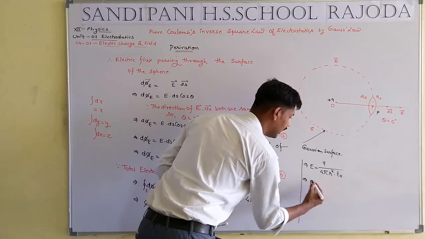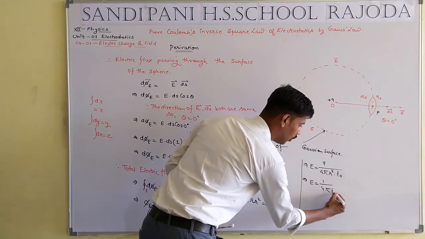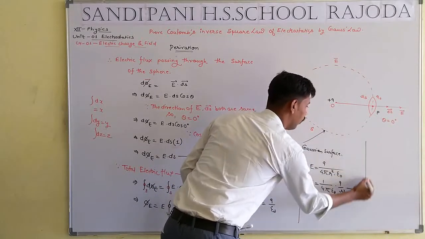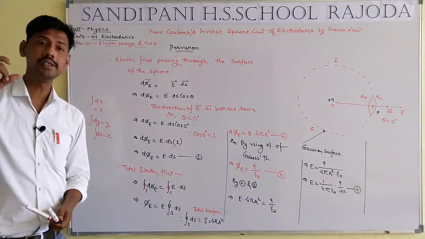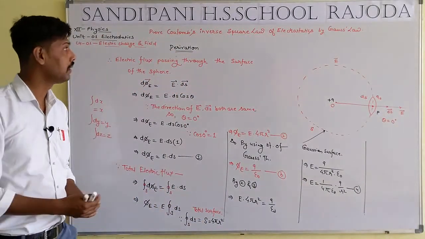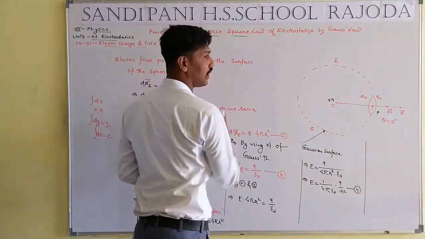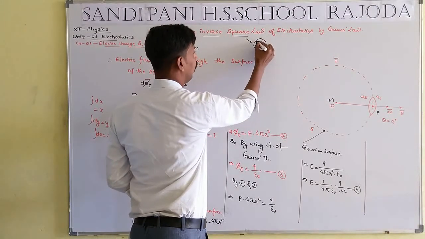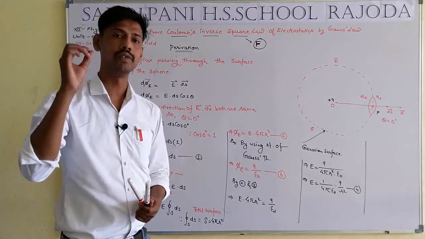Finally we get E in the form 1 upon 4 pi epsilon naught q by r square, equation number 4. Finally we get the intensity of the electric field, but in the case of Coulomb's inverse square law, we have to find the amount of force, that means the attraction or repulsion force.